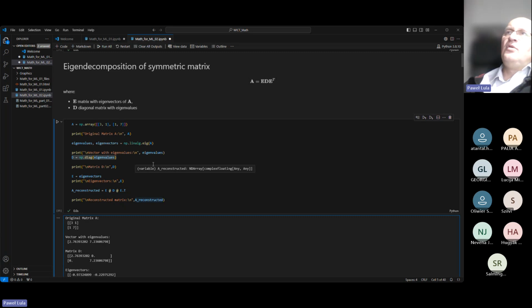And now I would like to calculate the value of this expression, E multiplied by D multiplied by E after transposition. This expression is here defined. E multiplied by D, and transposition also we can define in this way.